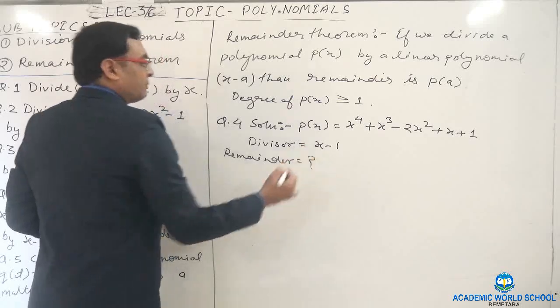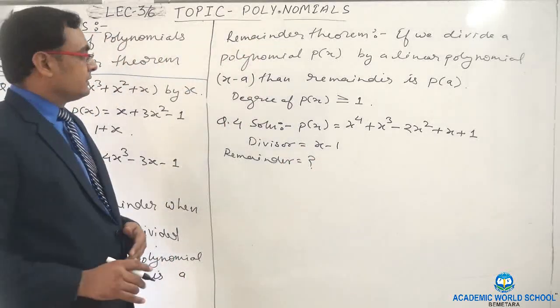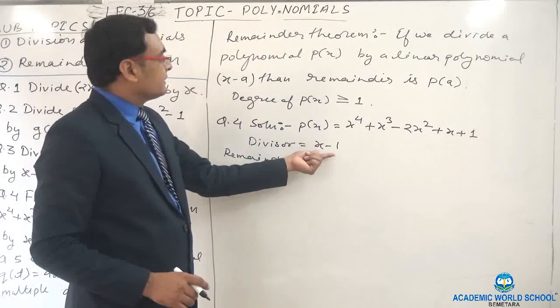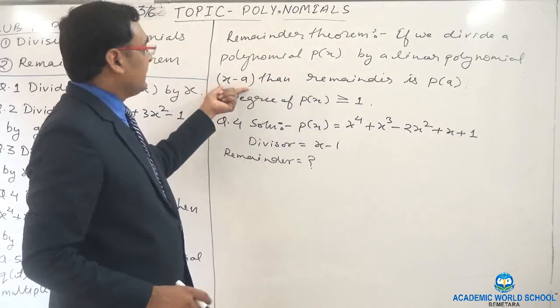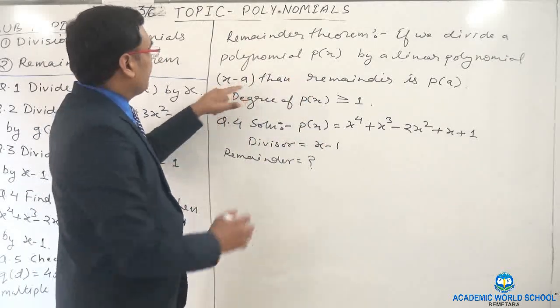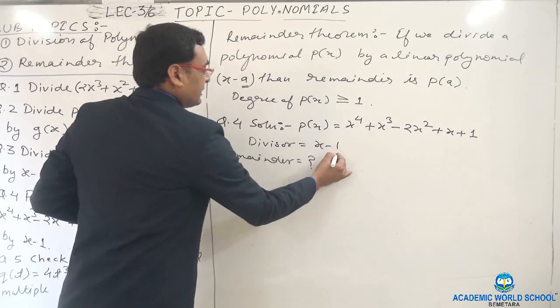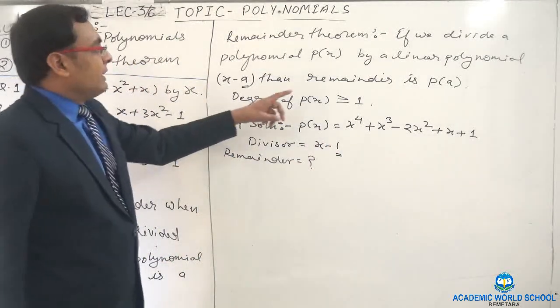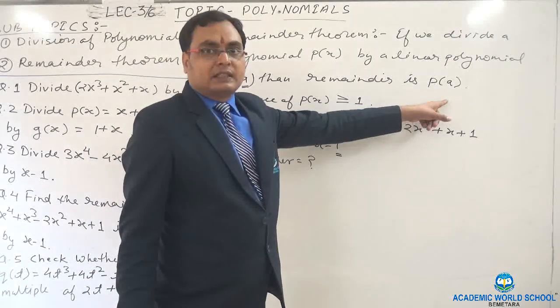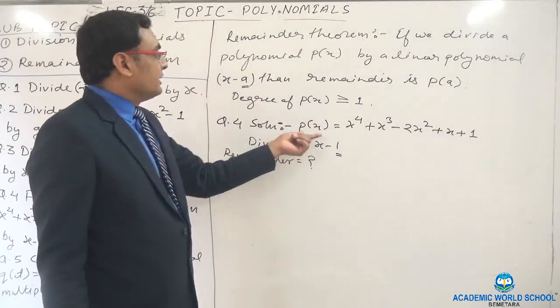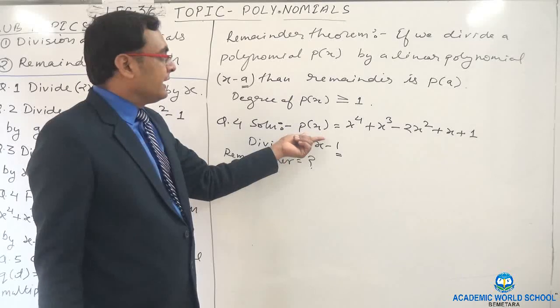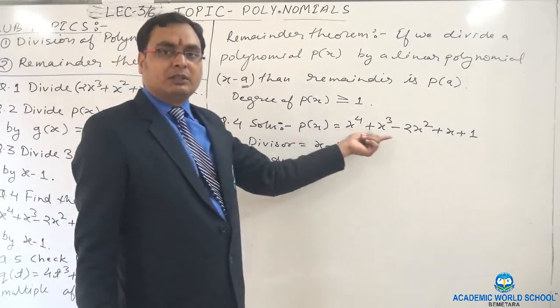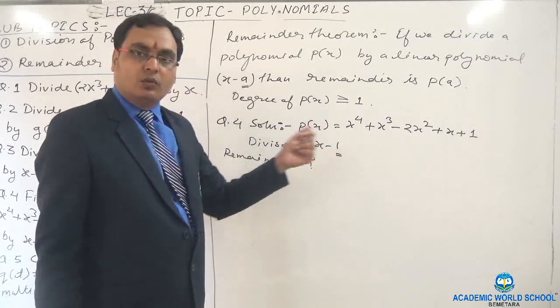Now if we apply the remainder theorem here, compare this divisor with this linear polynomial x minus a. At the place of a, here we have 1. So the remainder is p(a), that is the statement of remainder theorem. So the remainder here for this polynomial p(x) will be the value of this polynomial p(x) at x is equal to 1.